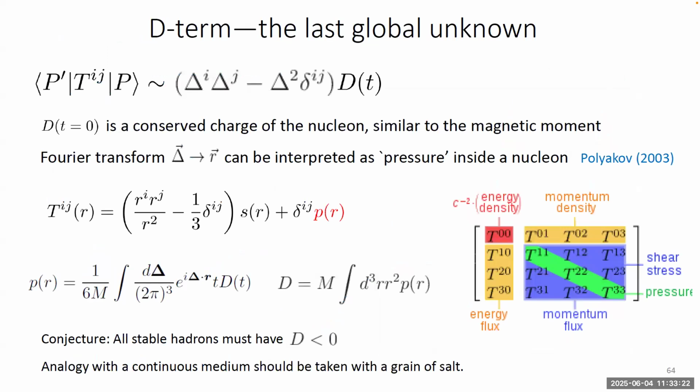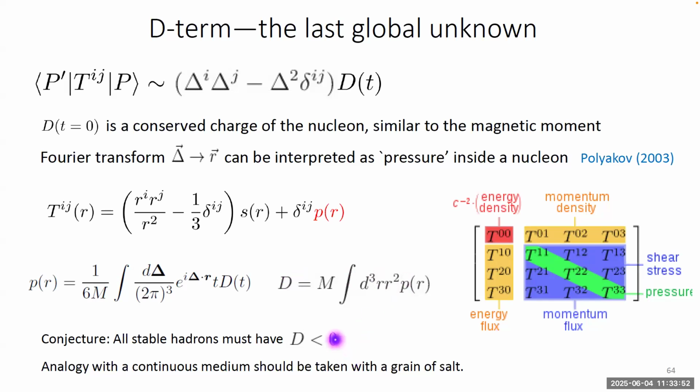Well, I don't have a simple explanation, but you can write D in terms of the average pressure inside a proton, and this has to be negative. Otherwise, these components just fly apart to infinity. So that's just an intuitive explanation.